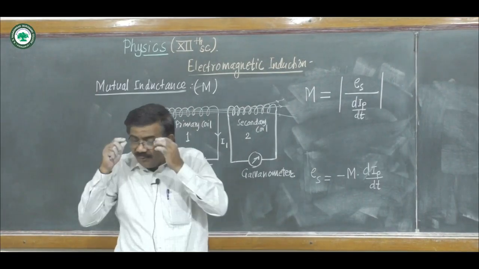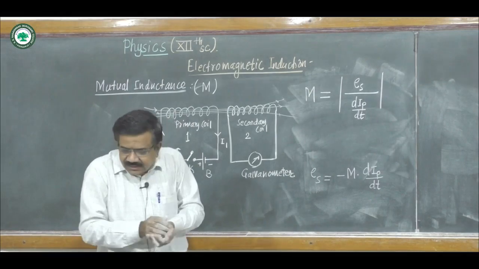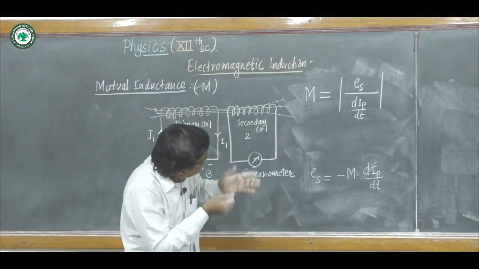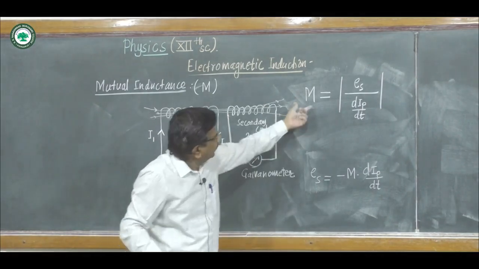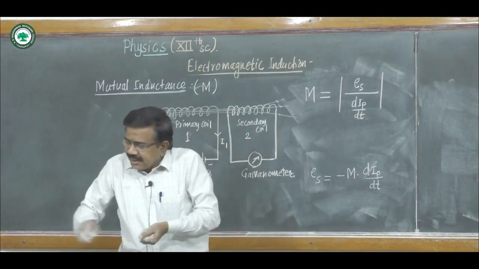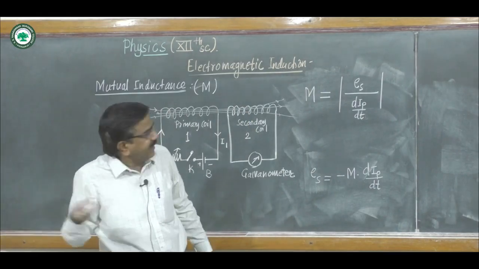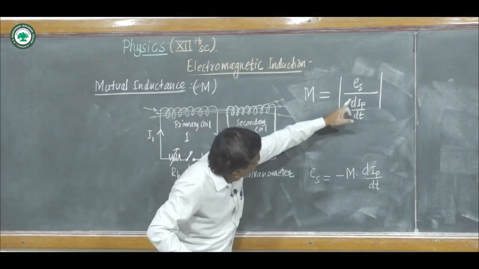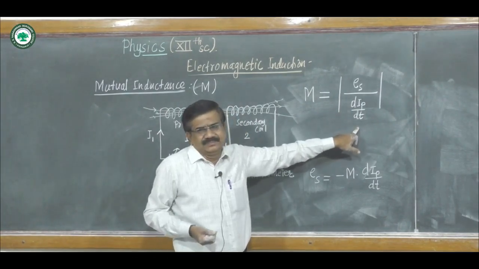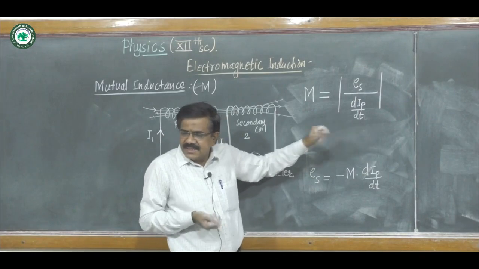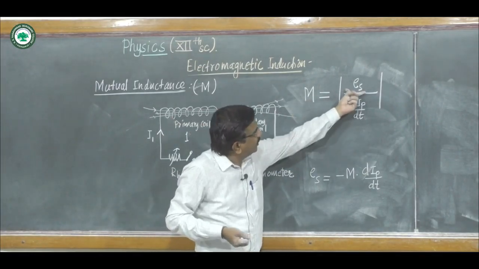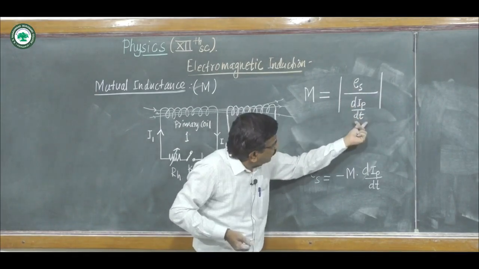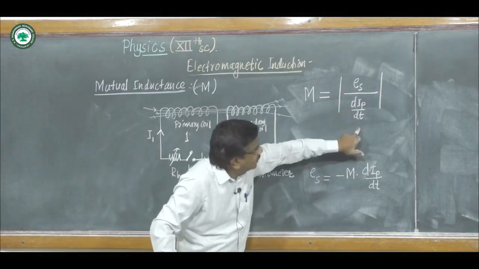Mutual inductance is defined as the value of induced EMF produced in secondary circuit per unit rate of change of current in the primary circuit.